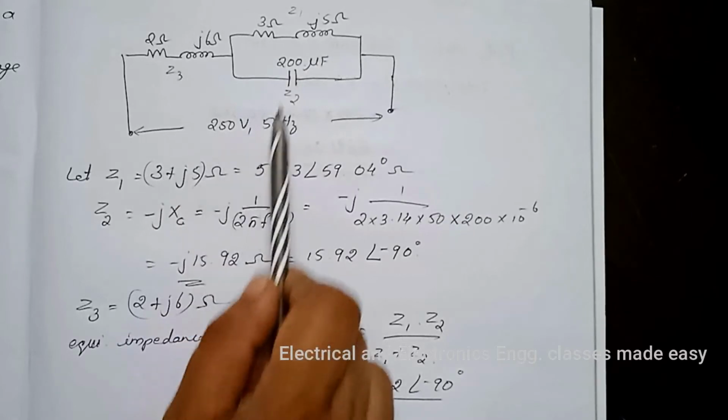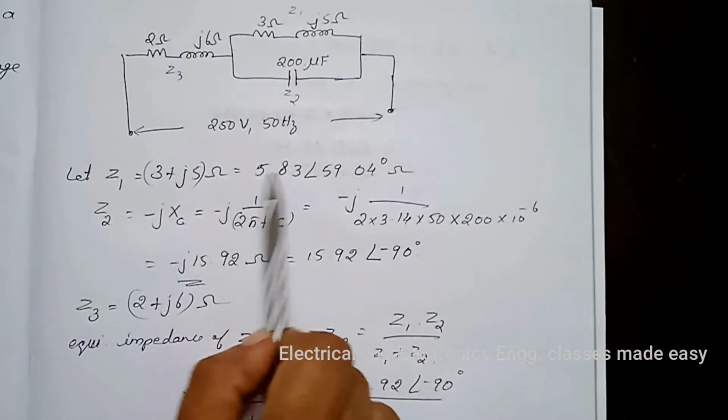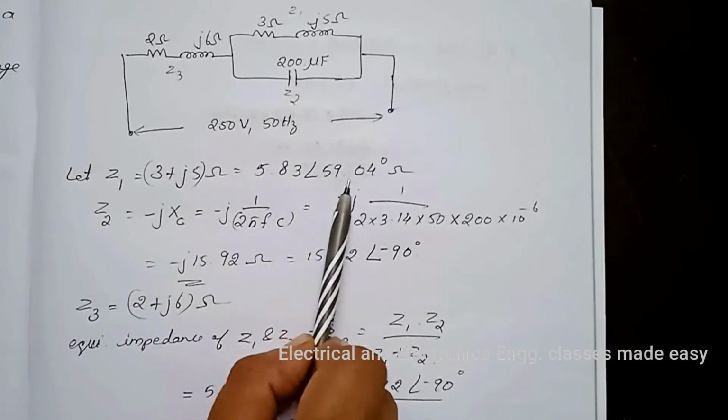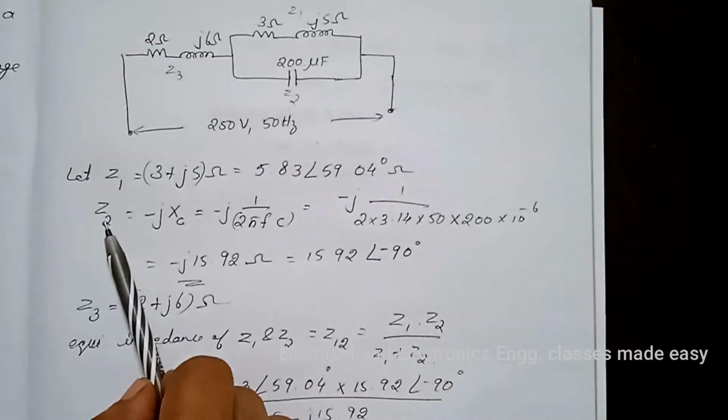Z1 is 3 plus j5 ohm, and converting it into polar form, that is 5.83 angle 59.04 degree.